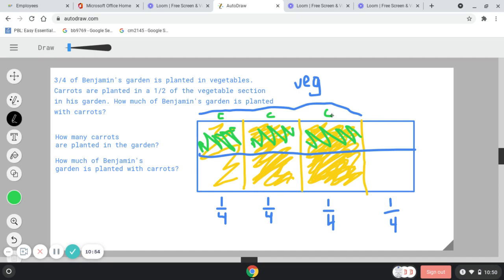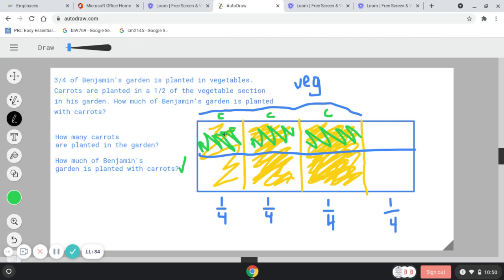Okay, so let's just go back and review our questions. How many carrots are planted in the garden? And our second question was how much of Benjamin's garden is planted with carrots? Based off of the information we have here, we can answer that question. Looking at the model, the section that has been double shaded represents the section of the vegetable garden that only has carrots.